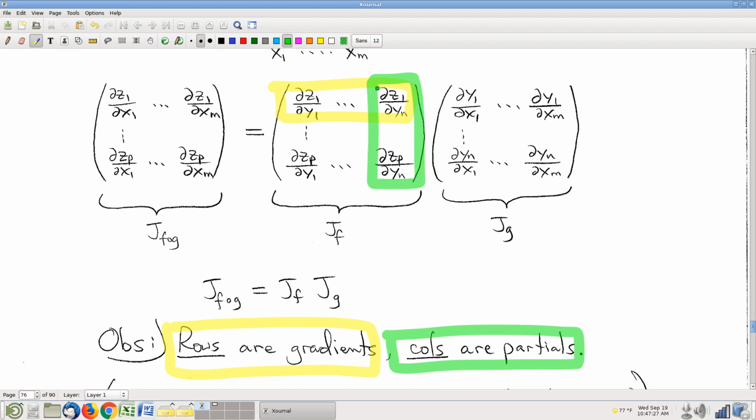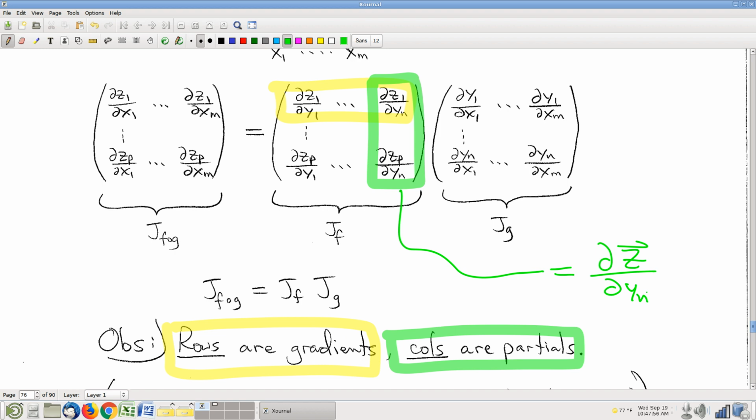That's what you might call the partial derivative of the z vector. Let me write that down to expand. That is the partial derivative of the z vector with respect to yn. So each column is a partial derivative of the output vector with respect to one of the input variables.